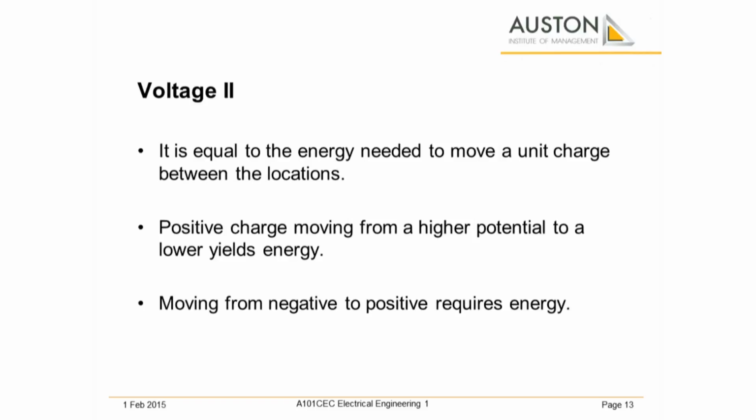Now, voltage is the work done as charges flow from one point to another. It is equal to the energy required to move a charge between locations. When a charge moves from the positive terminal, it means that point has a higher potential.